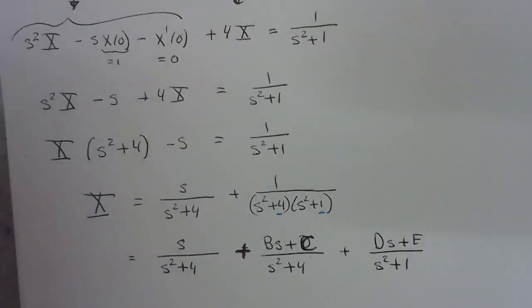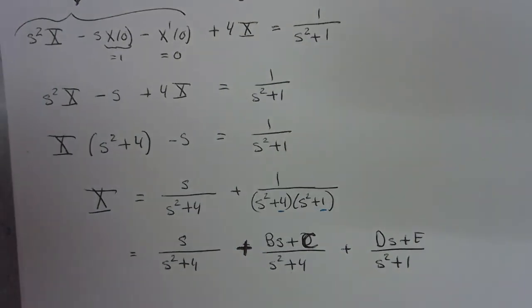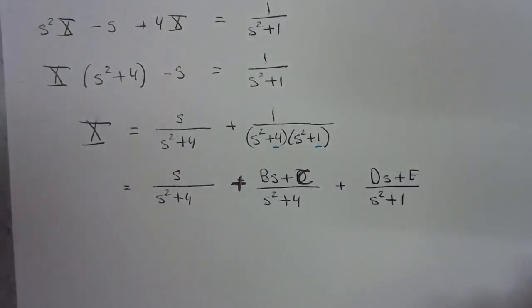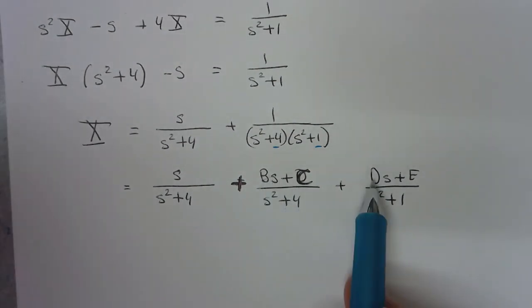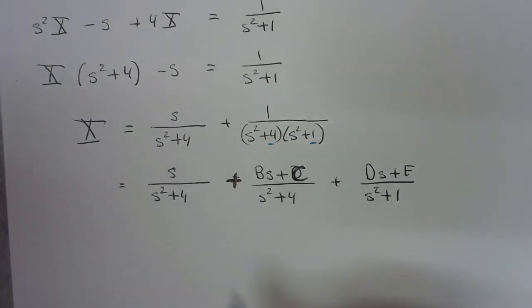So just imagine now that you have to find B, C, D, and E. That's not fun. That's quite a bit of work. There's no easy bit here. So this is where I'm thinking that maybe let's not. Because even if I say don't determine the unknown constants from partial fractions, this is still a bunch of work. We're not out of the woods yet.